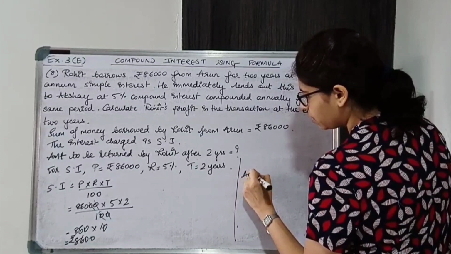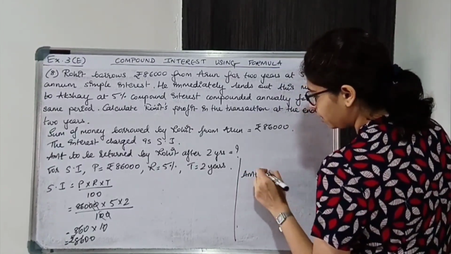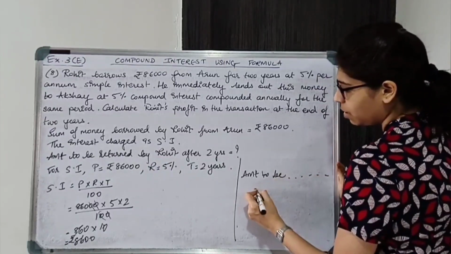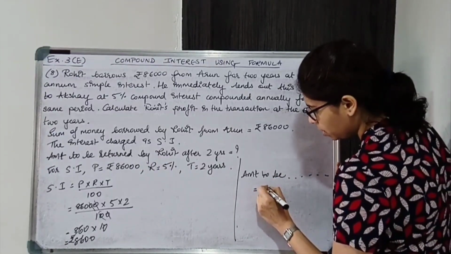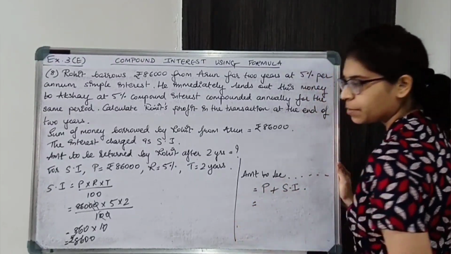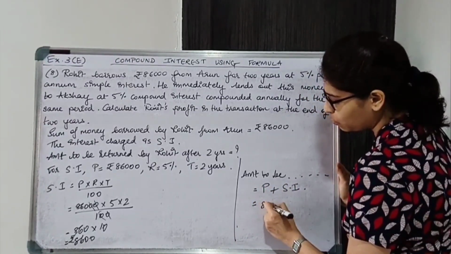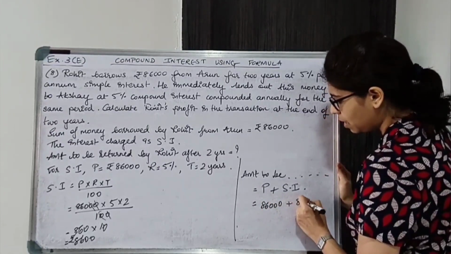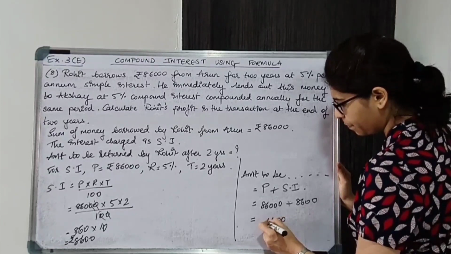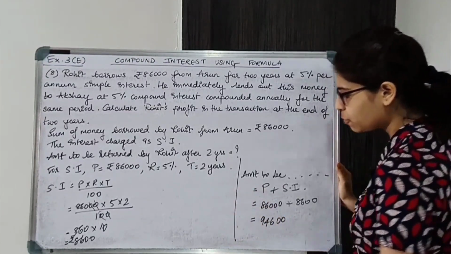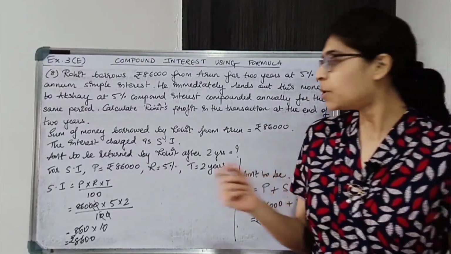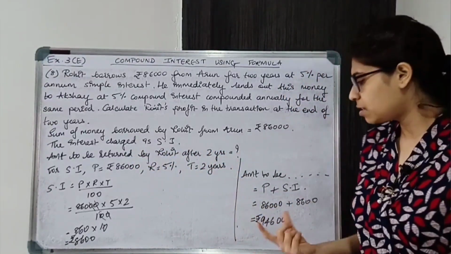So amount to be returned by Rohit after 2 years is equal to the principal plus the simple interest. Principal is 86,000, simple interest is 8600. So that will give you 94,600 rupees. So the amount to be returned by Rohit after 2 years is this much.